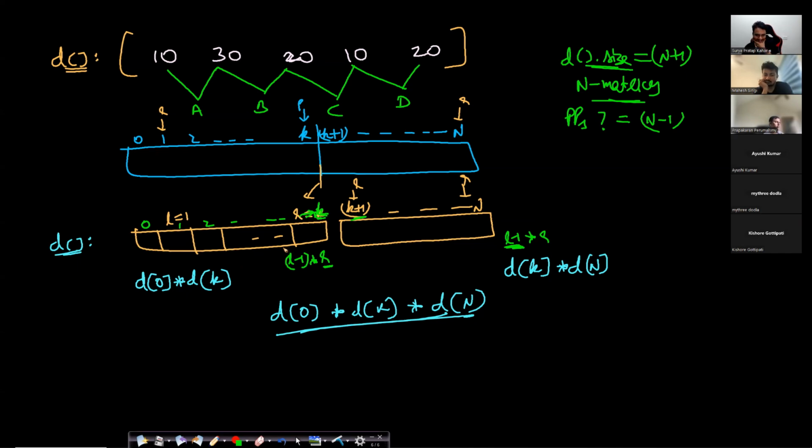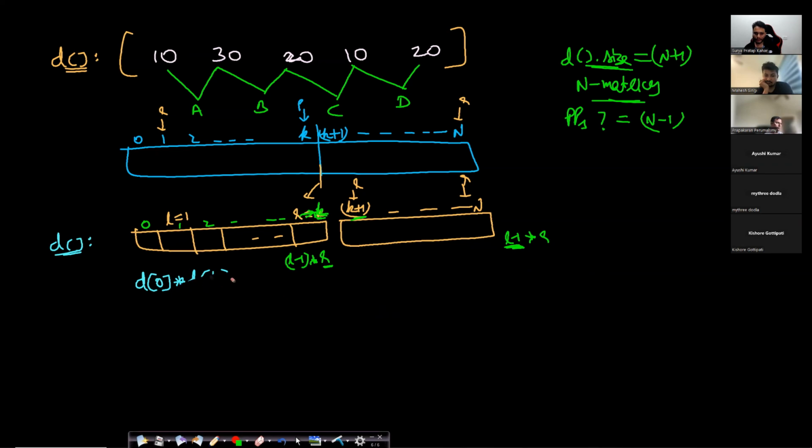If I want to generalize this, I'll just clean it up. If I want to generalize this and try out all the possible partition points, not just this K but everything starting from L, because the first partition point is L itself, and from there I can go till R minus 1.